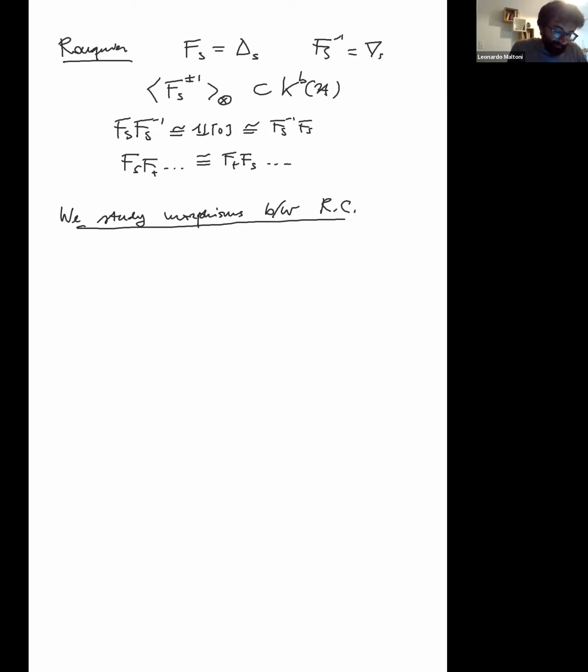So Rouquier complexes sometimes admit what are called minimal subcomplexes. So subcomplexes which do not admit contractible summands and which are in some sense minimal, and so they are the best choice to study morphisms between them. This is not always available, so we have to assume that the category is Krull-Schmidt.